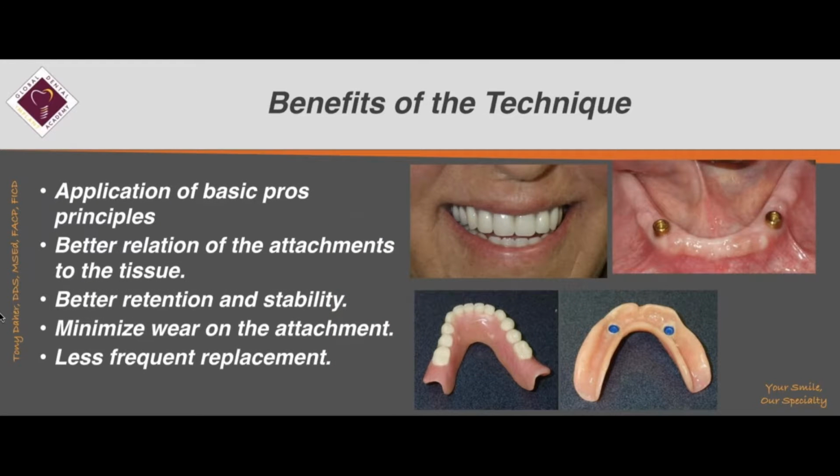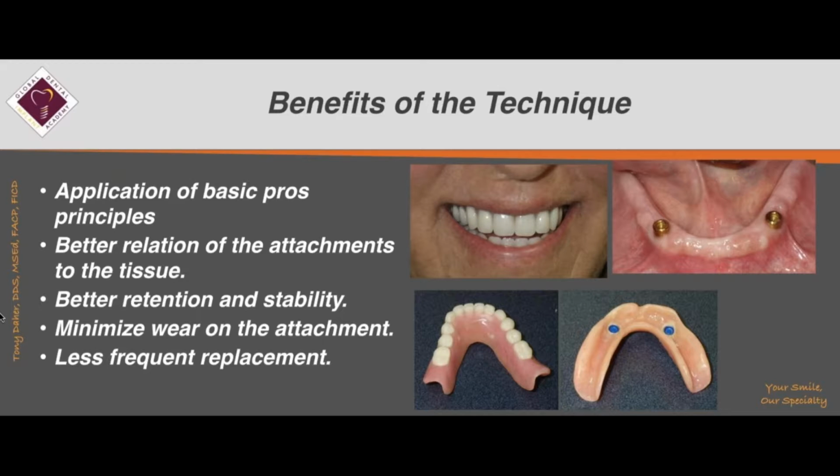So the benefit of this technique is that we're applying basic prosthodontic principles, better relation of the attachment to the tissue, better retention and stability, and certainly it's going to minimize the wear on the attachment, and you're going to deal with less frequent replacement. If you have to replace the retentive clip every month or every 2 or 3 months, now certainly there is a problem with the biomechanics of that denture.